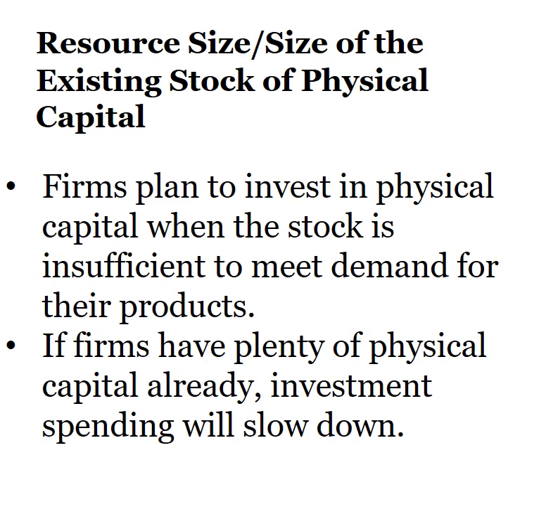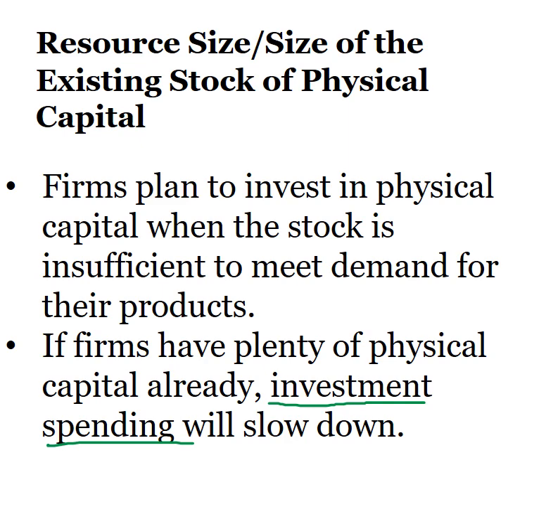So this category, this shifter of resource size, is really tied to investment spending. So oftentimes you could explain the reason why as being a change in resource size or a change in investment spending. If a company feels like their stock of physical capital is too low and they're not able to keep up with the current demand for their products, then they would need to spend more money, buy more pieces of physical capital, so their investment spending would go up.